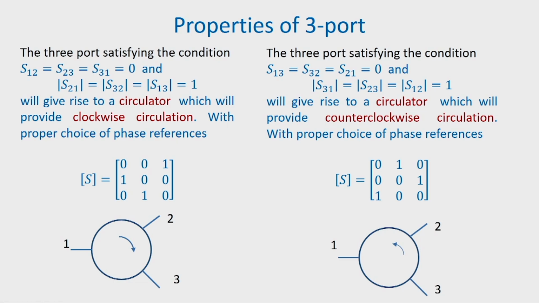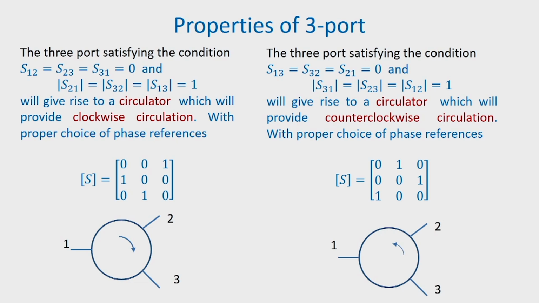So, we have S23 equal to 1, and next S12 equal to 1. So, from 2 it goes to 1, and finally, from 1 to 3.